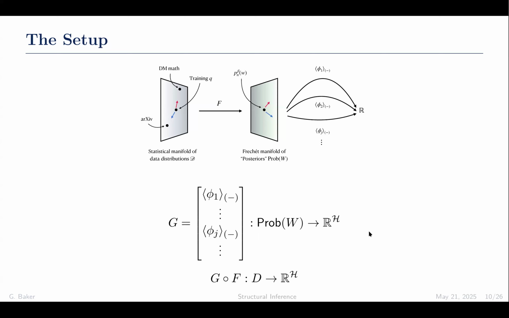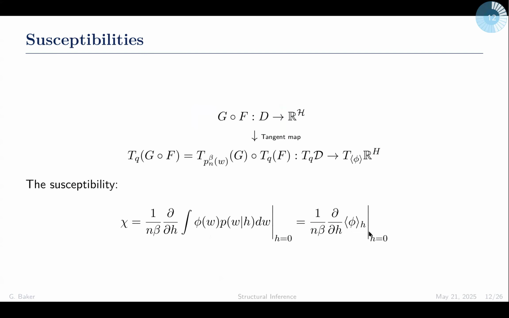And this is all we do to get to the susceptibilities, because after that, we just take the Jacobian of this. This is a function from perturbations in our data, which are parameterized by h, to a vector valued finite dimensional function, and we just take its derivative.